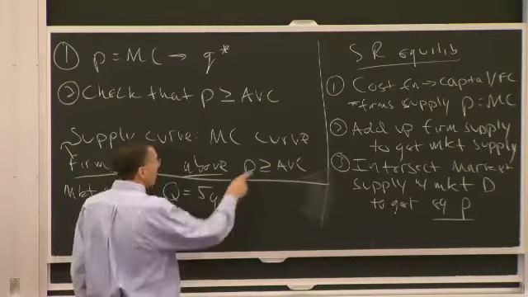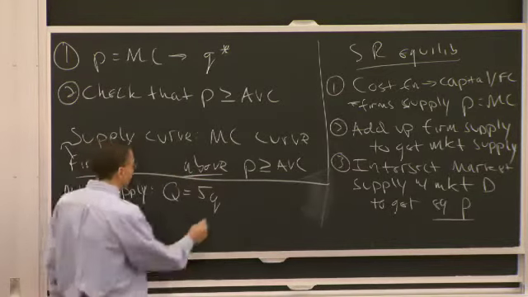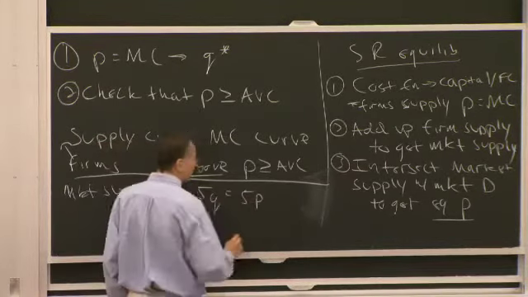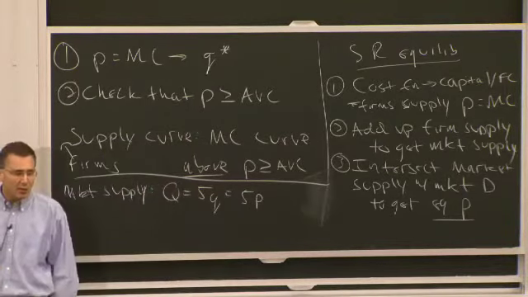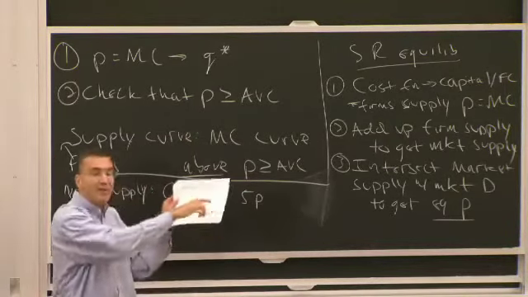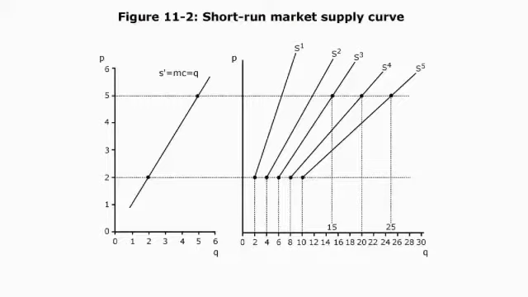Well, we know from the marginal cost condition that's the same as saying Q equals 5 times P. So our market supply curve, which is actually S5 on figure 11.2, is Q equals 5P. You can see that because when the price is 2, Q equals 10. When the price is 5, Q equals 25. So you can see that S super 5 is the market supply curve, big Q equals 5P.